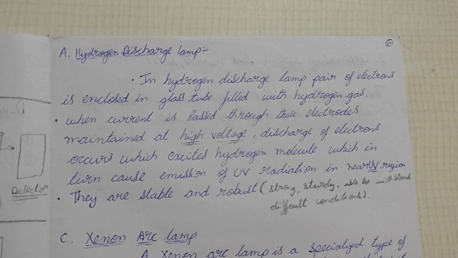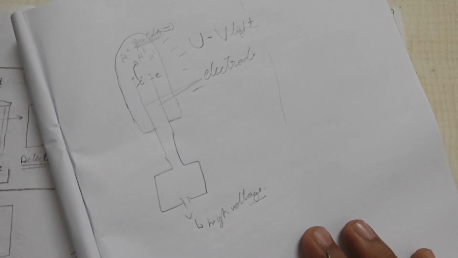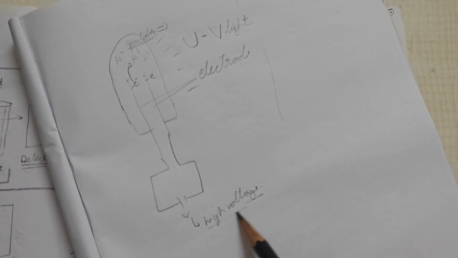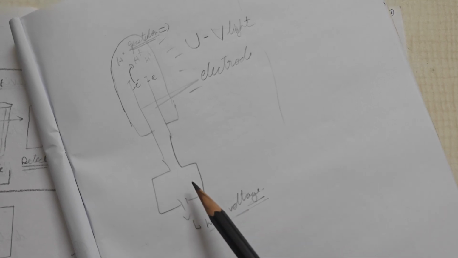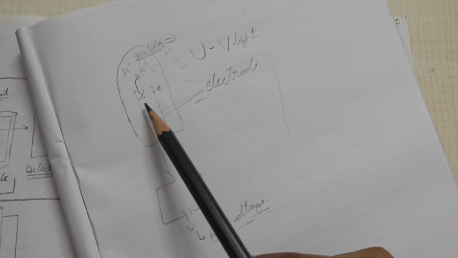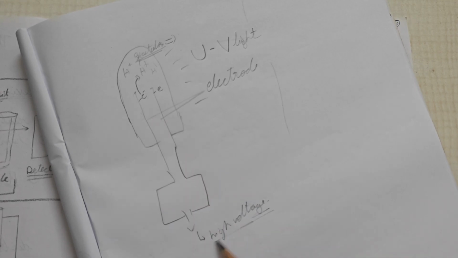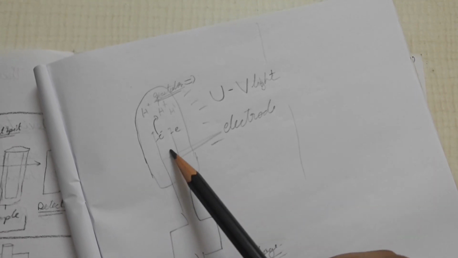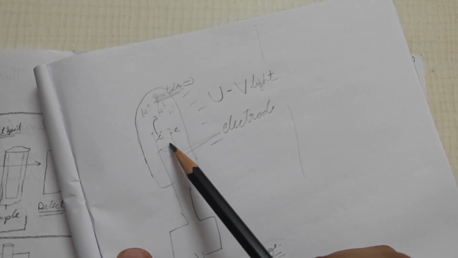I'll explain it using a simple diagram. You can understand very easily. In this diagram, a high voltage current is supplied to these two electrodes. When the high voltage or high current is passed through these electrodes, the electrons are released.